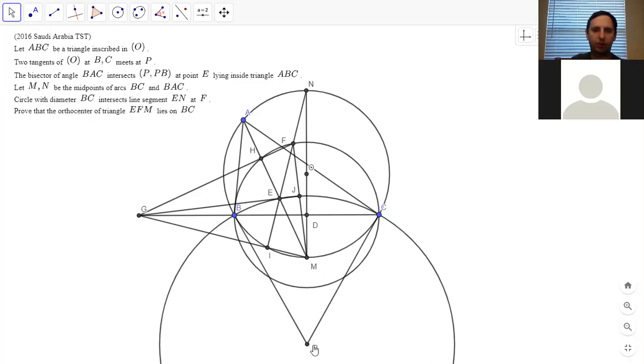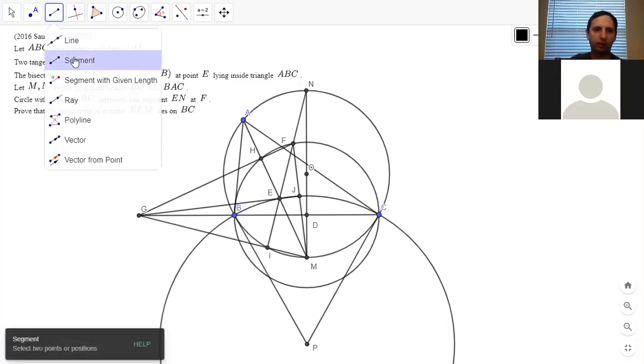What can we do with the circle P? Can we use that this is a symmedian?